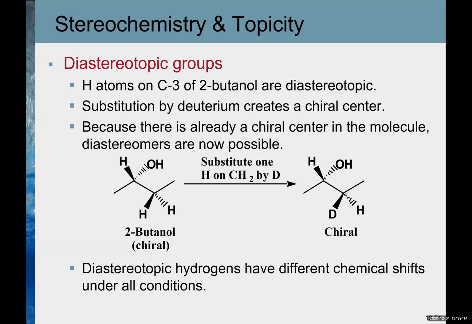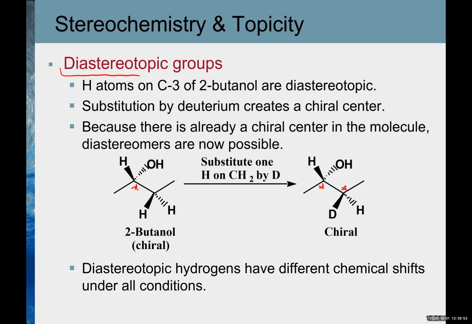So in the beginning we have only one chiral center, but after replacing, now we have two chiral centers. These kinds of compounds are not mirror images of each other. They are diastereomers. Hence, these protons, or these hydrogen atoms, are known as diastereotopic.